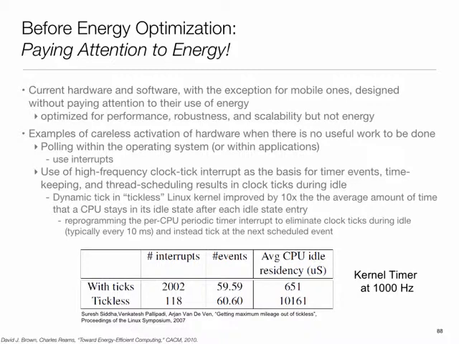Now, classically, and I'm using Linux as an example, but this was true for all systems, the way they organized it is that deep down there is a timer which orchestrates the whole system. There's a clock running, and that causes the system tick, and it's usually set to like 10 milliseconds or maybe 1 millisecond.